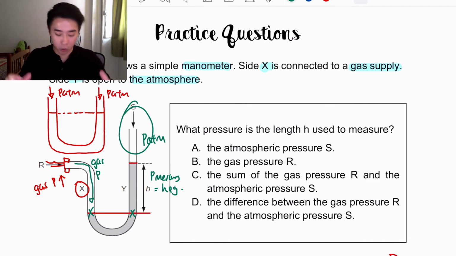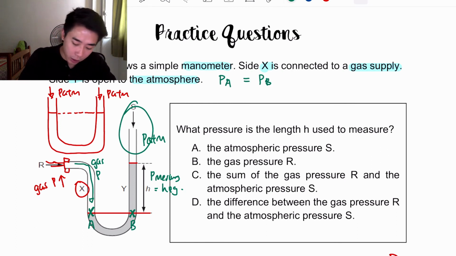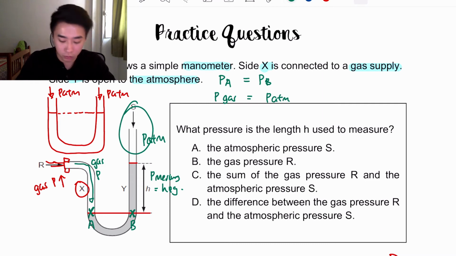Alright, so if we set up equation, the pressure at this point, let's say A, and the pressure at this point, let's say B, will be the same. So let's set up the equation. PA equals to PB. That means pressure at A equals to pressure at B. Pressure at A is only due to gas. So pressure of gas is at A. Pressure of B is due to atmospheric pressure at that particular altitude, plus the pressure due to mercury.